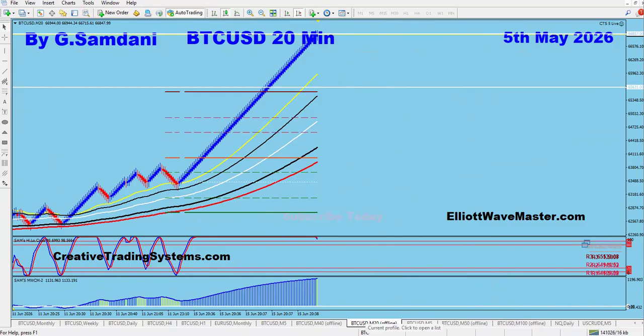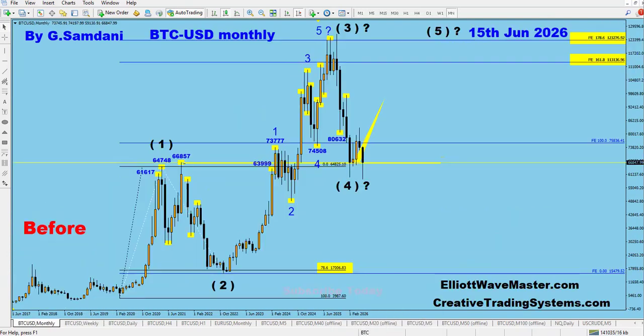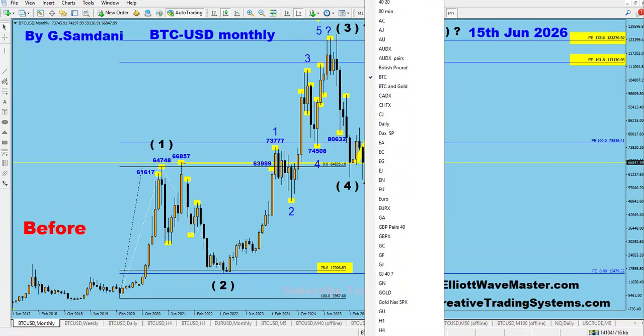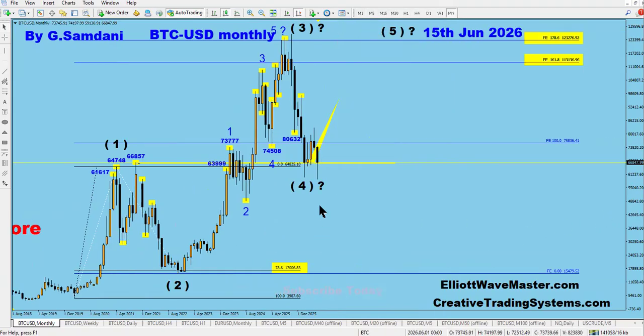Actually, I moved the Bitcoin to another computer. I'm just making this for the video, because I needed to show this monthly chart, so I opened it here. Otherwise, all my profile and updated charts are on the other computer. This is mainly for my analysis. I just move around and do the analysis. But yeah, this is how it is.